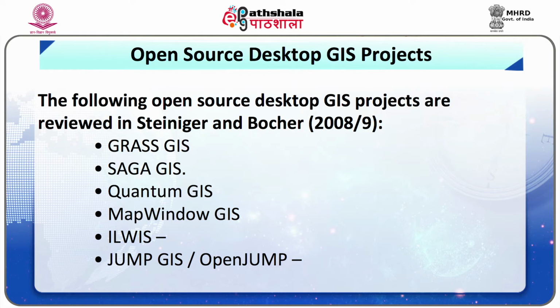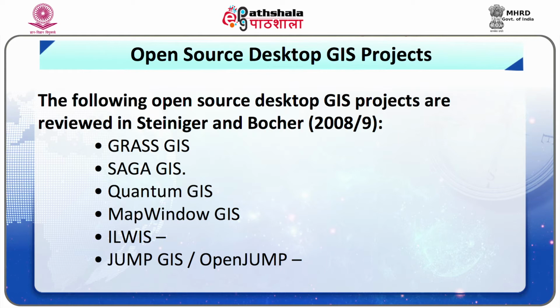One is GRASS GIS, originally developed by the US Army Corps of Engineers, open source as a complete GIS. Second is SAGA GIS, that is System for Automated Geoscientific Analysis, a hybrid GIS software. SAGA has a unique application programming interface and a fast growing set of geoscientific methods bundled as exchangeable module libraries.